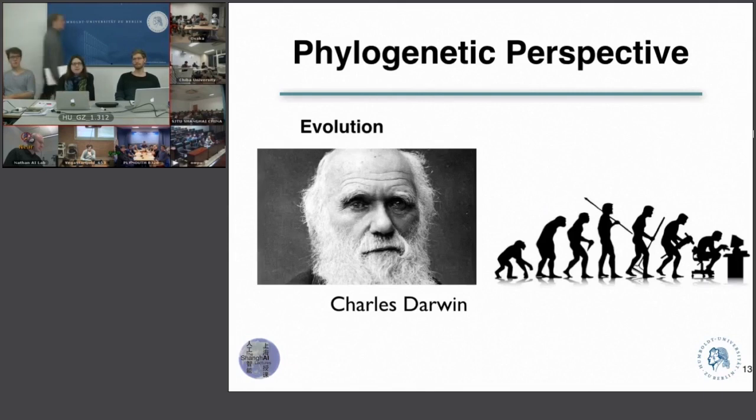That's natural evolution, but today's lecture will not be mainly about natural evolution, but about artificial evolution and how we can transfer these ideas from natural evolution to creating artificial autonomous agents.